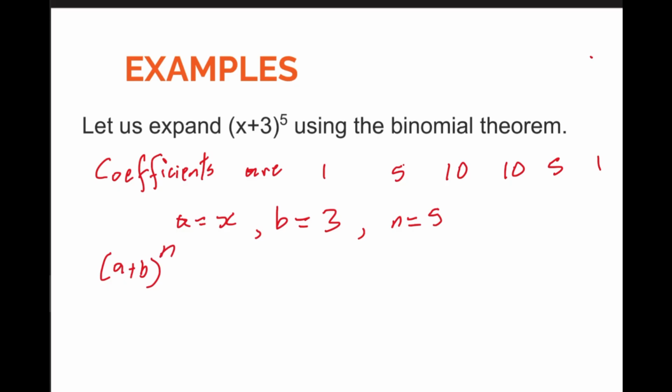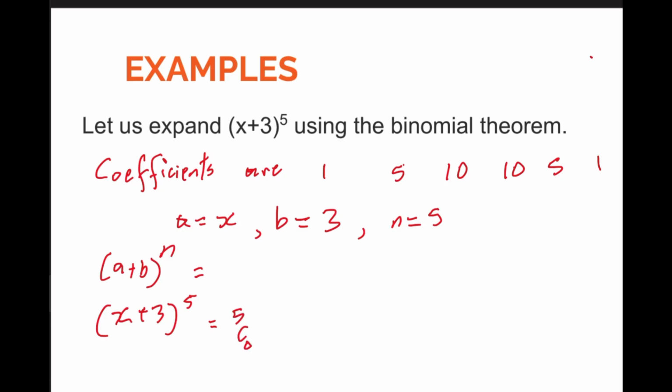And so we're going to use the binomial theorem, and you start out with the highest one, so x plus 3 to the fifth power. So that's 5 choose 0.